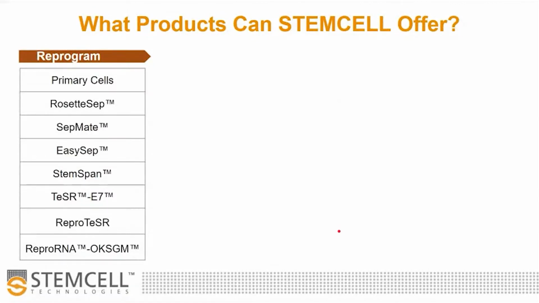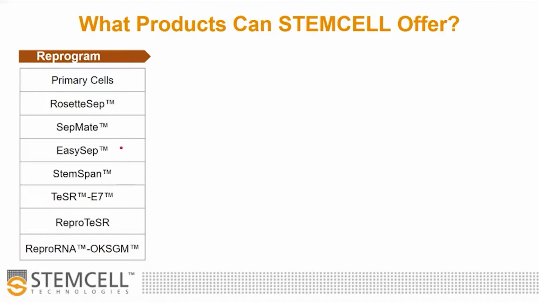So what products can STEMCELL offer? Well, we offer a range of primary cells, although it may be a little bit difficult to get primary cells to specific distributor markets. If that's the case for you, I recommend that you speak with Mersad about the options that are related specifically to your region.